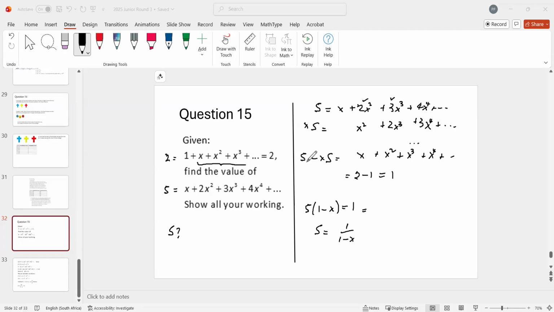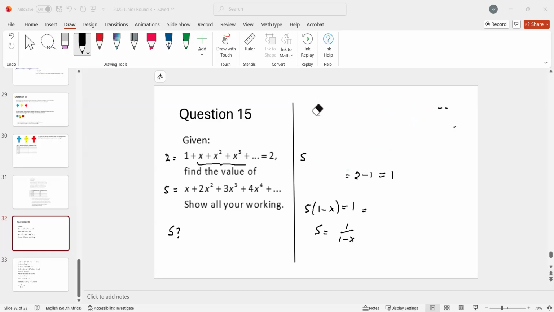Let's focus on this guy here and see what happens. I'm going to rub all these things out. I'm going to focus on the first equation. I've got 2 is equal to 1 plus x plus x squared plus x cubed.